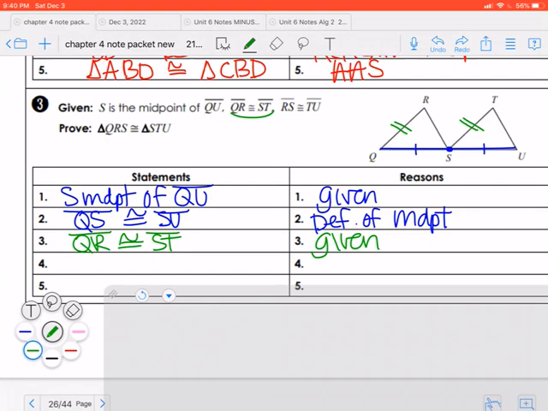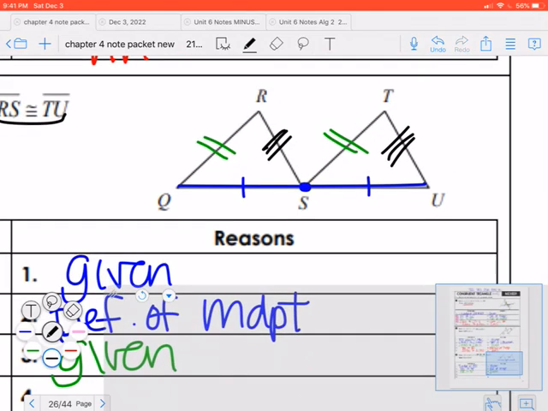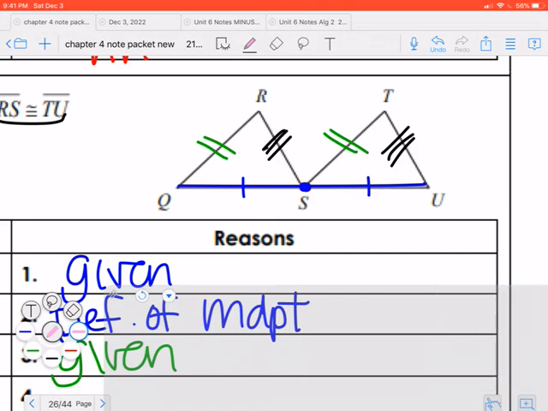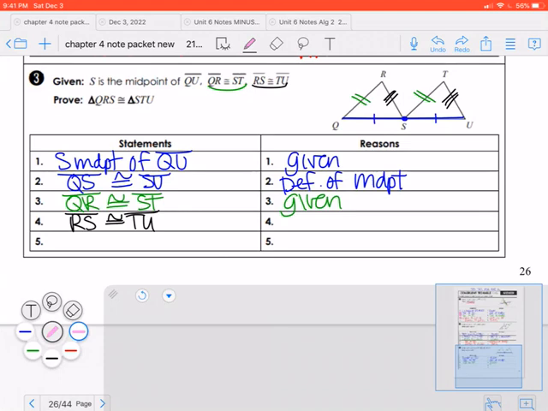Okay, we've got side, side, and we still have another given. Let's put that one down. RS, now I have to use 3 slashes, is congruent to TU. And that's all laid out for us, side, side, side, in each triangle.